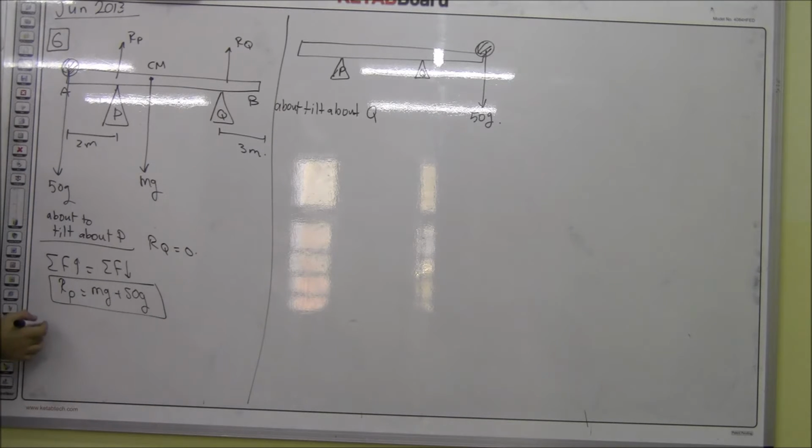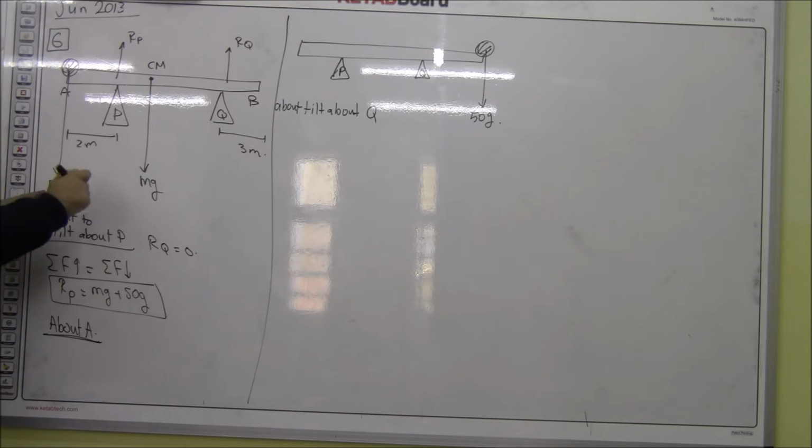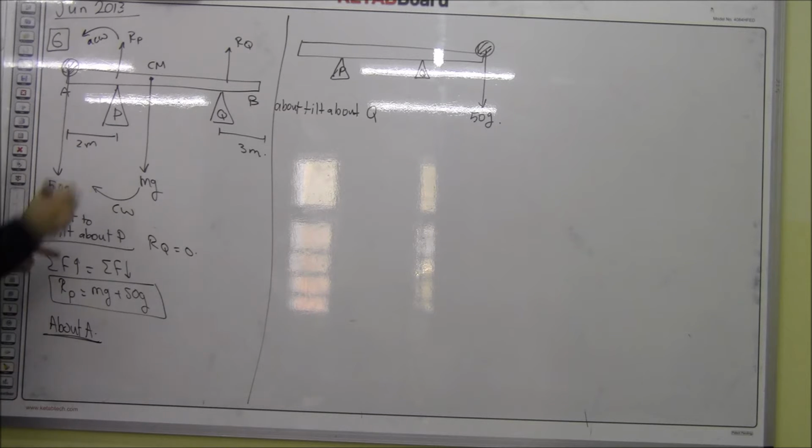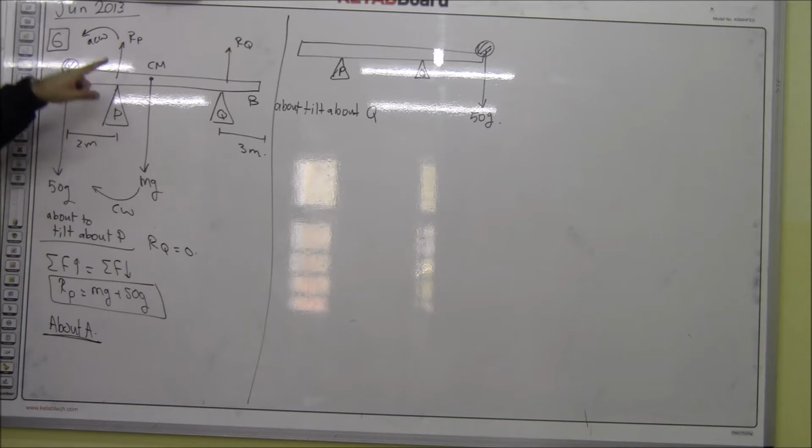Now take moments about A. About A, the moment of 50g is excluded. This is clockwise and this is anti-clockwise.